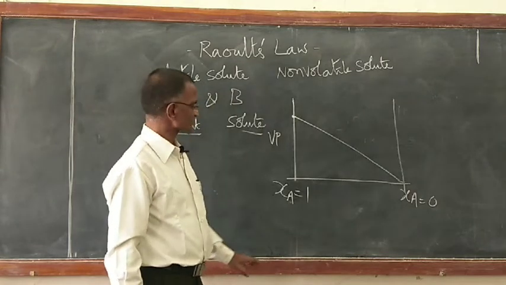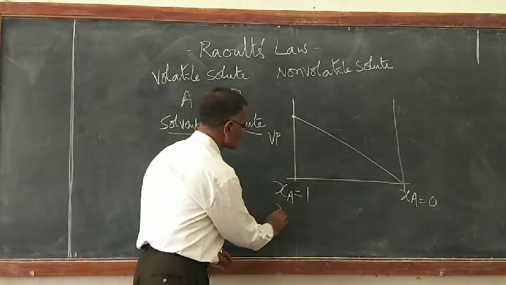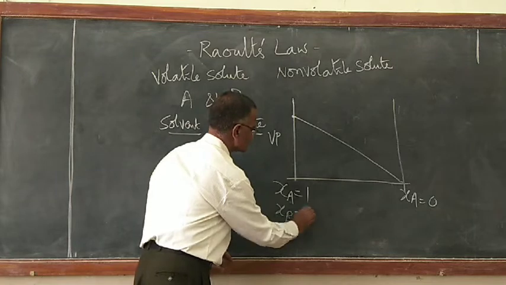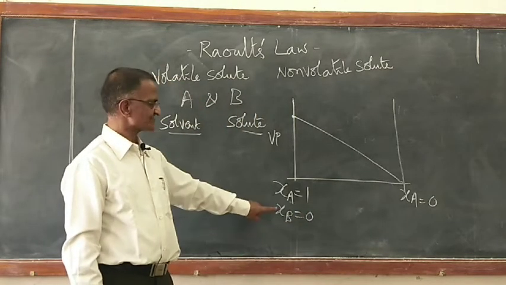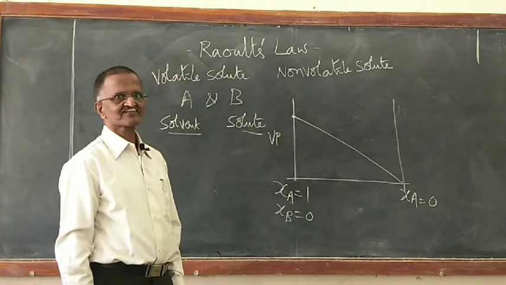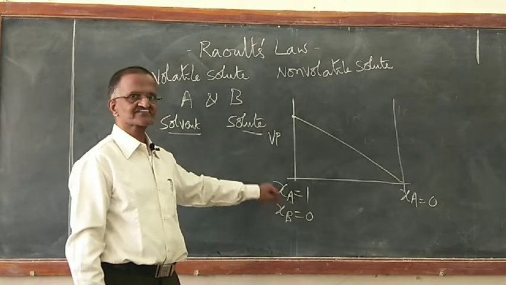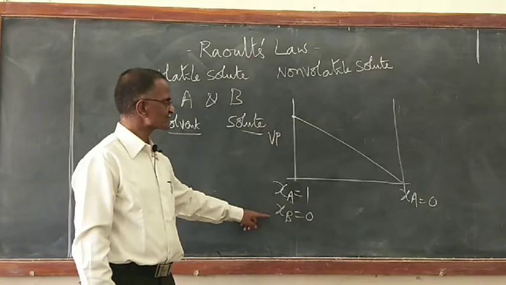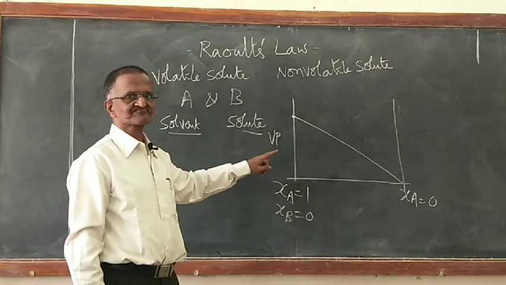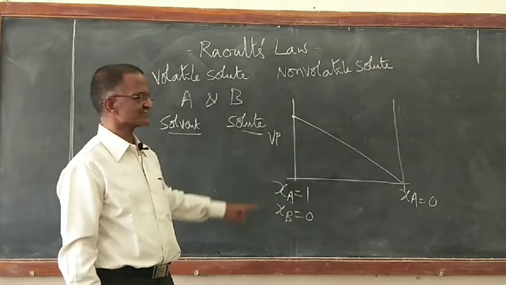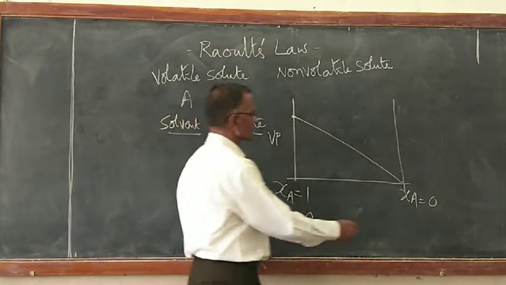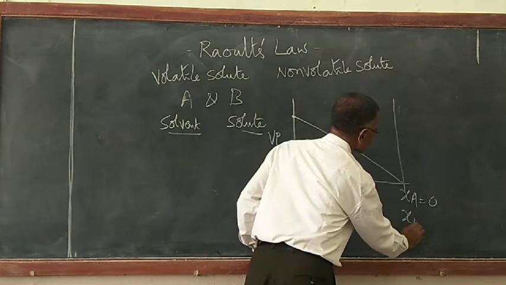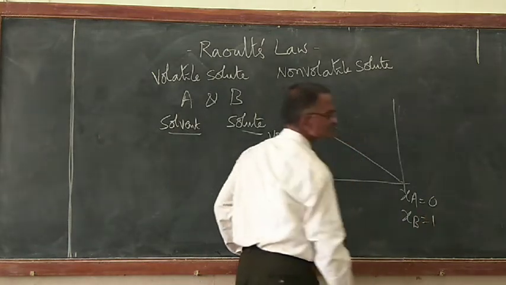Now at the same time, what has happened? When I started, there was no solute in the solution, Xb is 0. Now as I go on adding B, its contribution goes on increasing. If I go towards the right in the graph, finally when Xa is 0, Xb equal to 1.